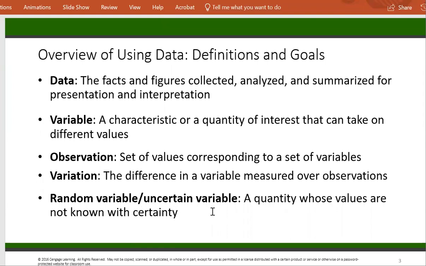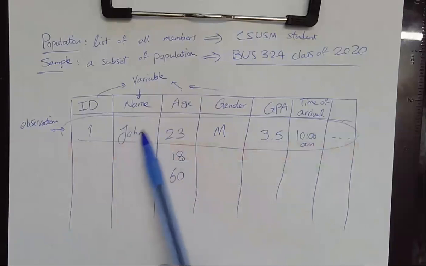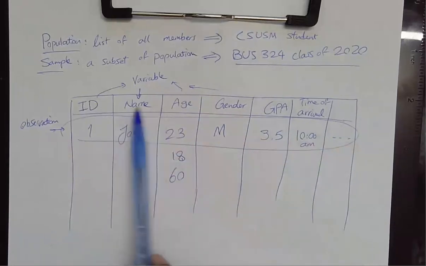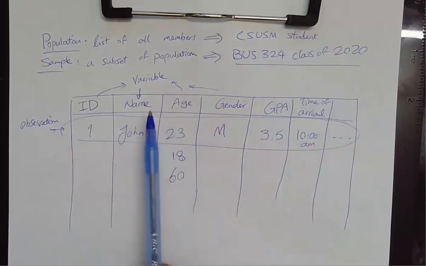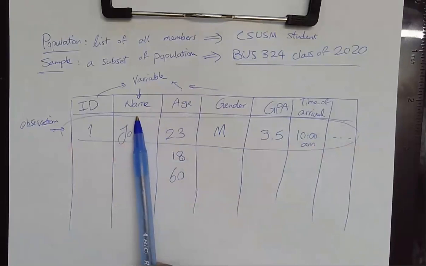Random variables, uncertain variables. So far in my example here, all of these, name, age, gender, are not random. Random variables are the ones where you do not know the exact value until a specific point in time.